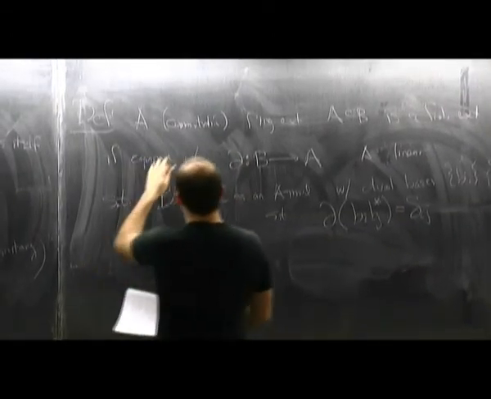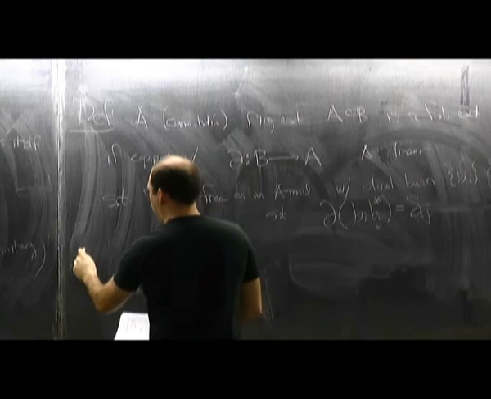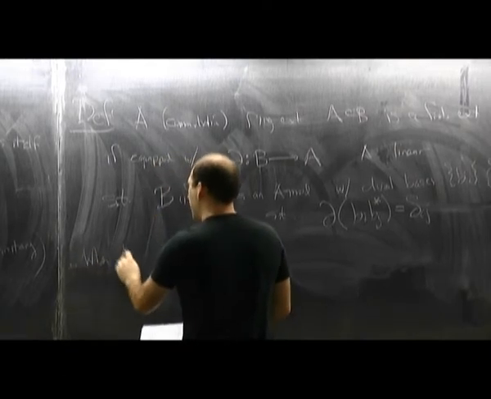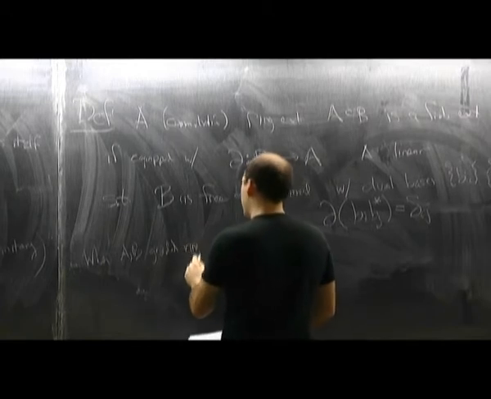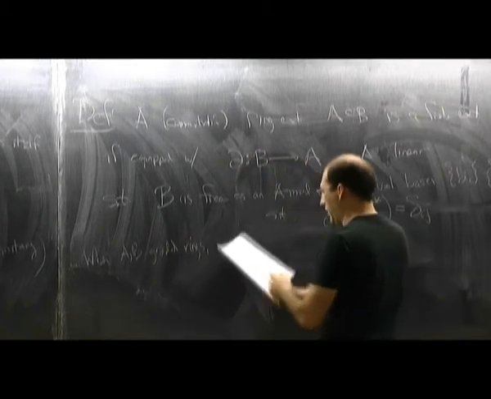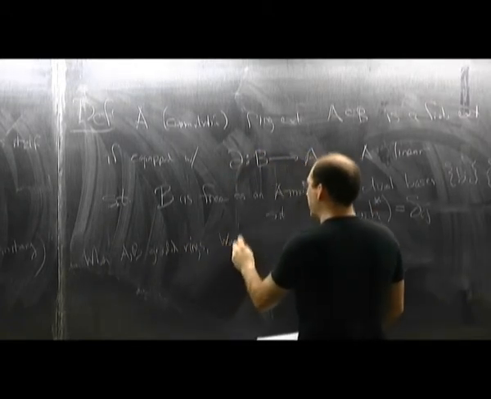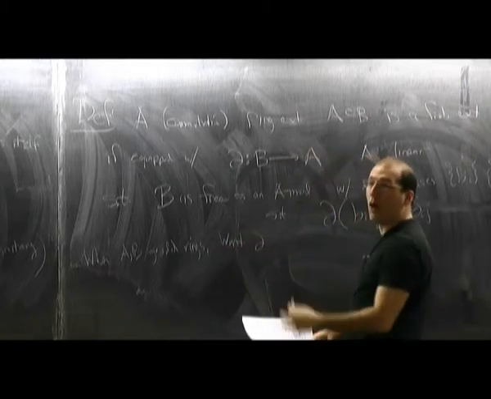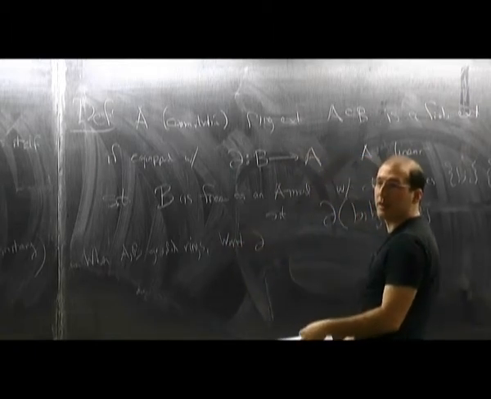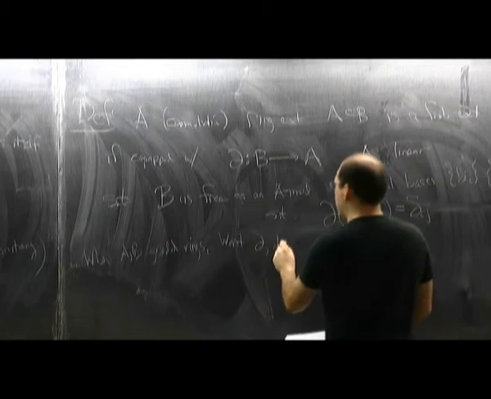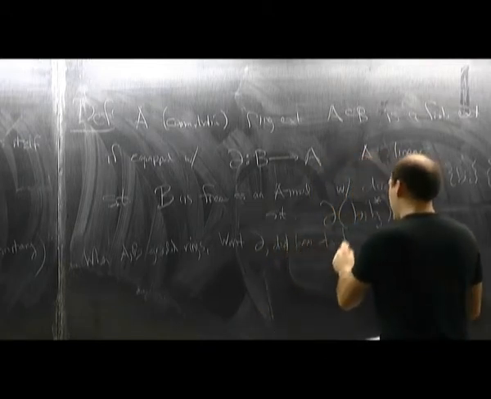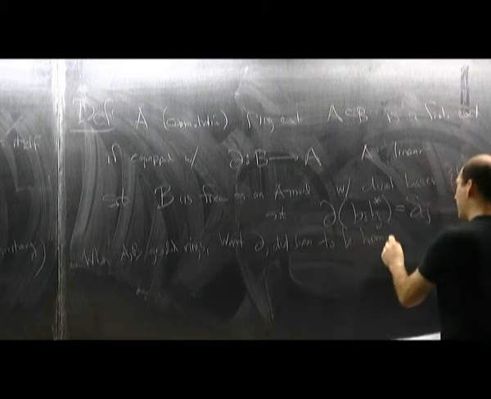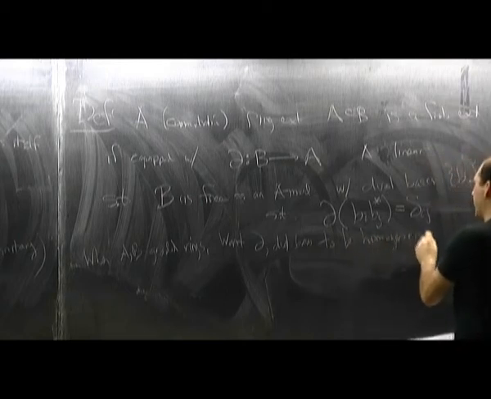And I suppose when A and B are graded rings, then you want delta to be a homogeneous map of some degree, and the dual bases to also be homogeneous. So that's a notion of a graded Frobenius extension.